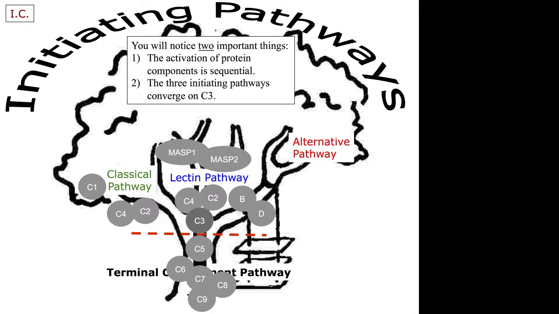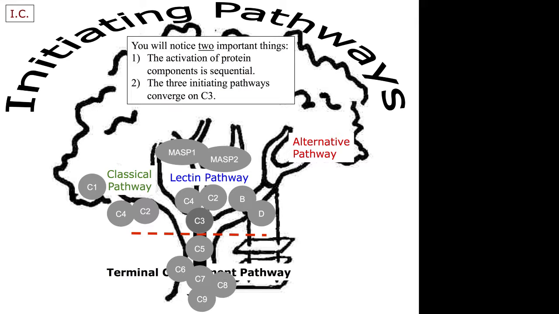So you'll notice a couple of things. First of all, the activation is sequential, and because it's sequential, it's called a cascade. There are 3 initiating pathways, and there's an amplification portion. So there's an initiating portion and an amplification portion. The amplification portion generates more of what we call C3 convertase.